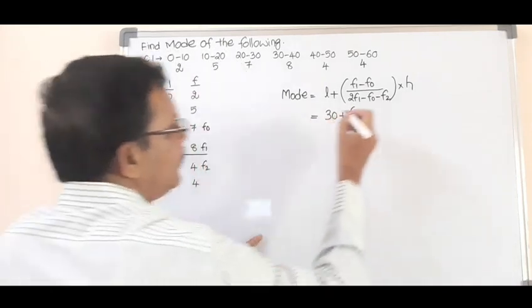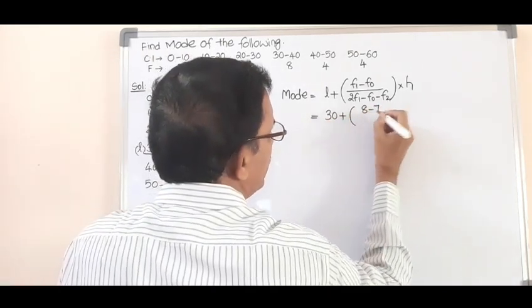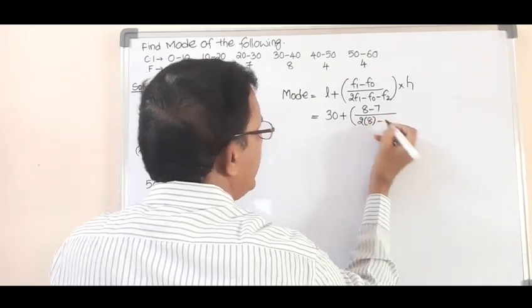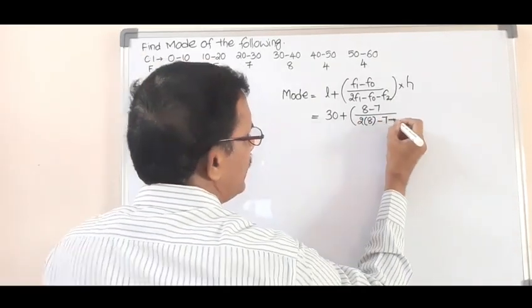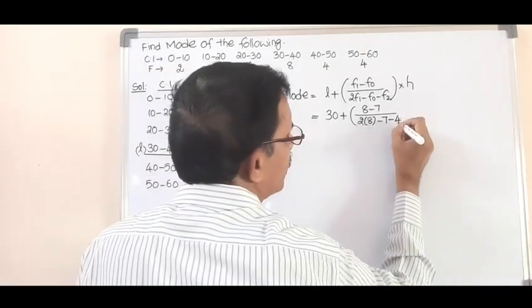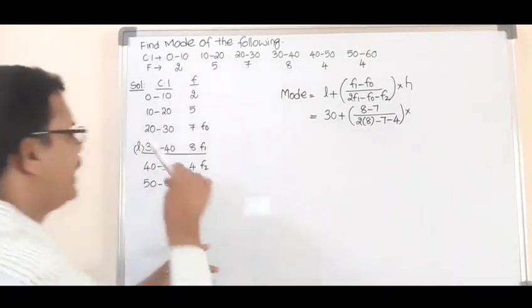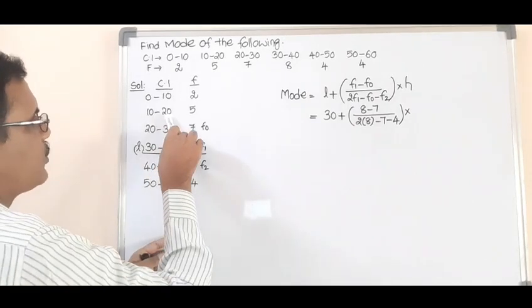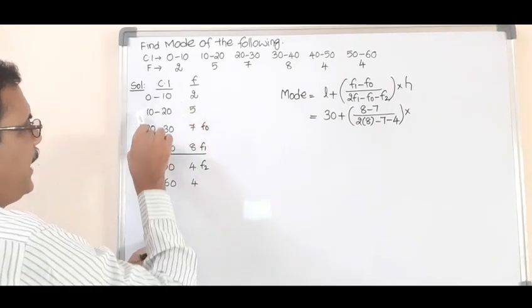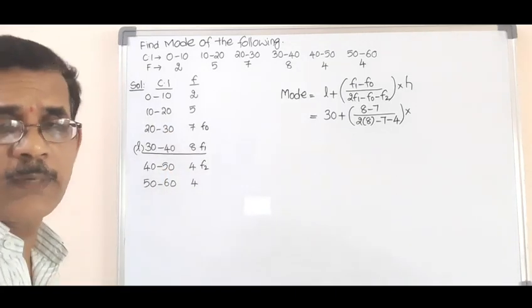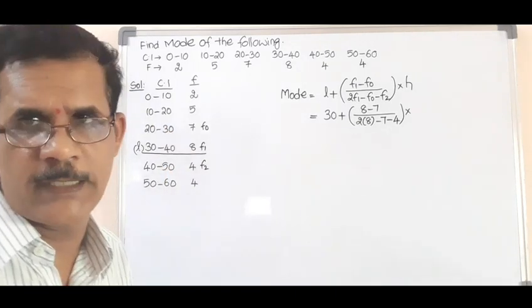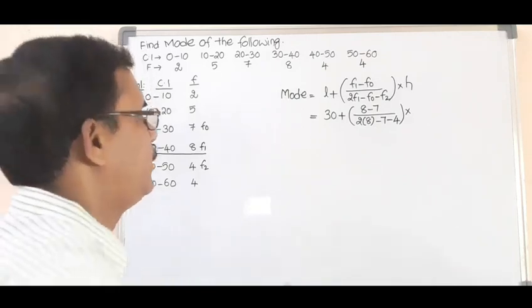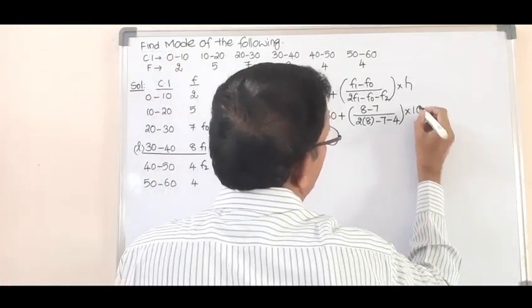F1 minus F0, 8 minus 7. 2F1, 2 into 8, minus F0, 7, minus F2, 4, into H. H is the height of the class or class size, the difference between two consecutive lower limits or two consecutive upper limits, that is 30 minus 20 or 20 minus 10. So here it is equal to 10.